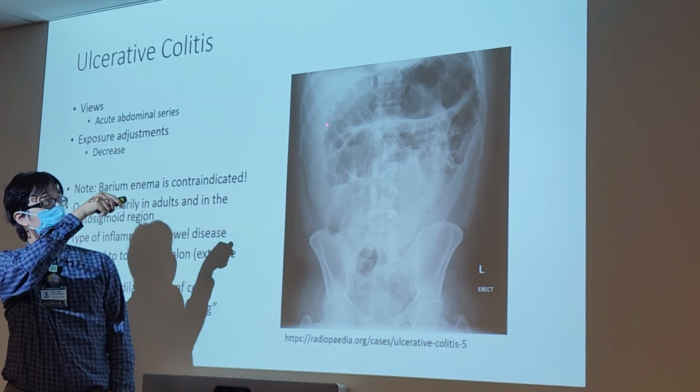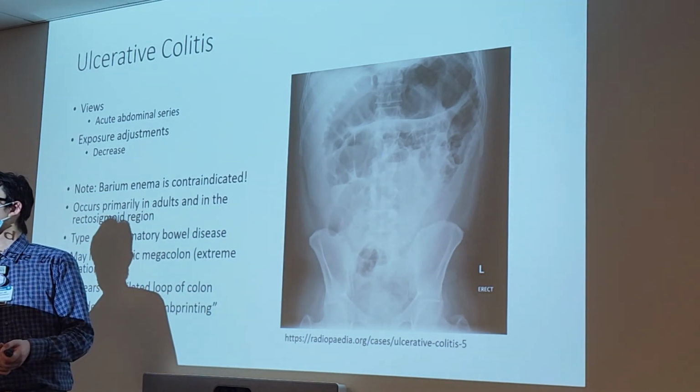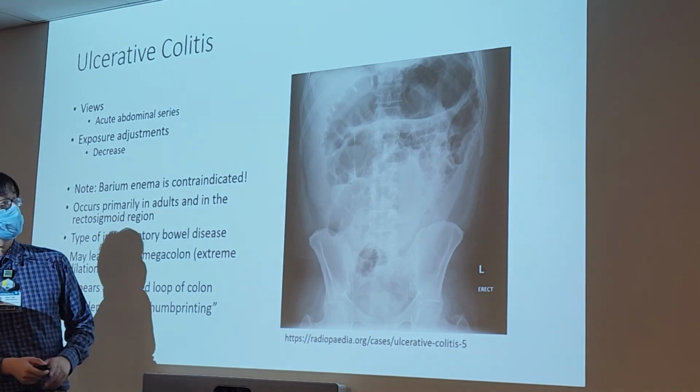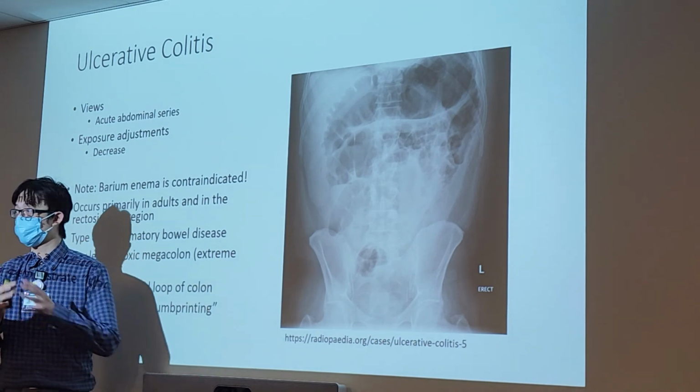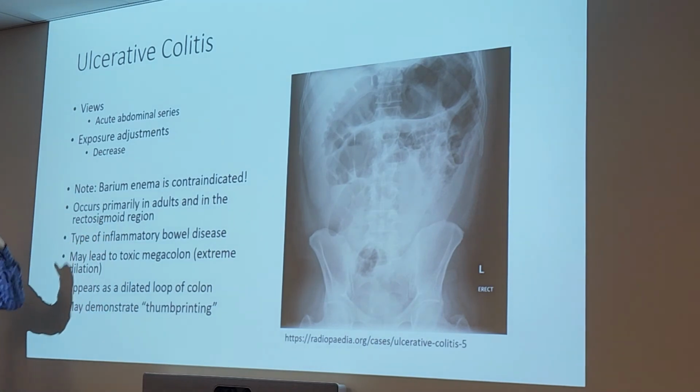So it makes it look like the edges of a thumbprint or the edges of a fingerprint. So the colon has dilated, has stretched out so much that even the loops of the colon are visible individually. So this is a sign of ulcerative colitis.